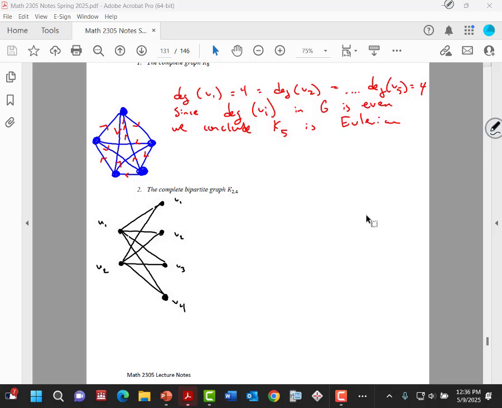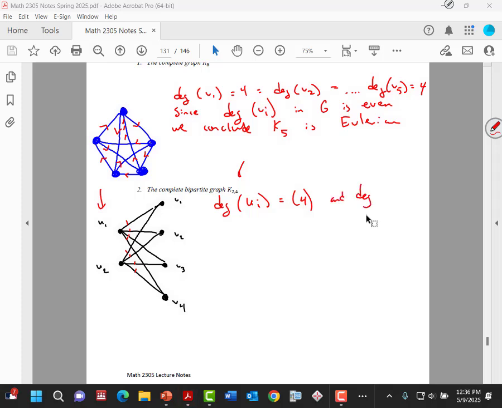Okay, so let's look at the degree of each vertex first. The degree of each U sub i, that's 1, 2, 3, 4, is 4. So if you're in this U set, these 2 vertices over here, their degree is 4.